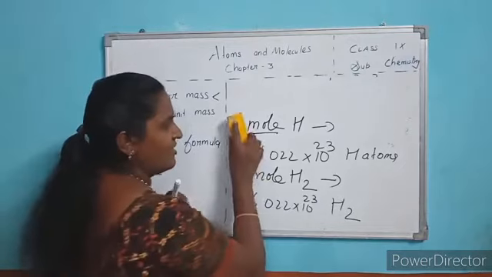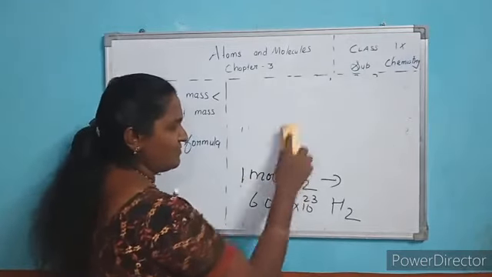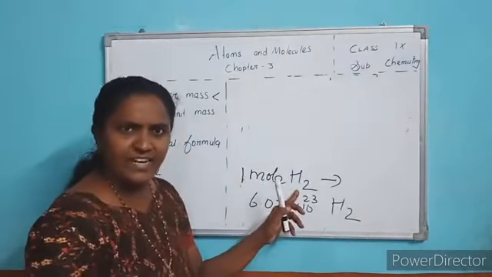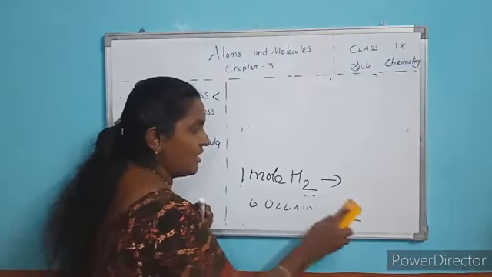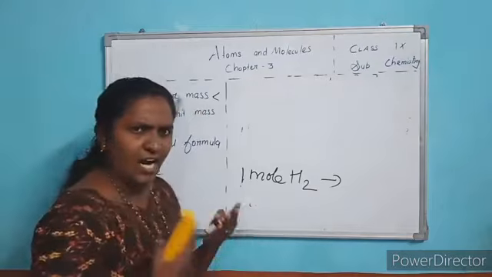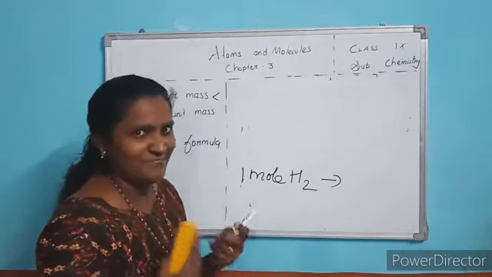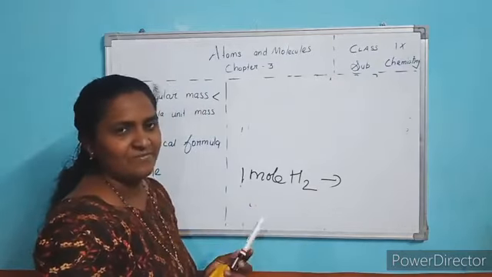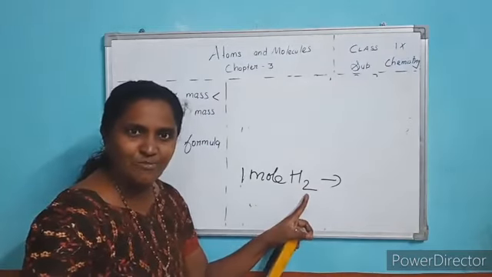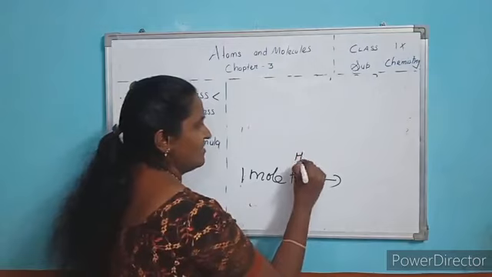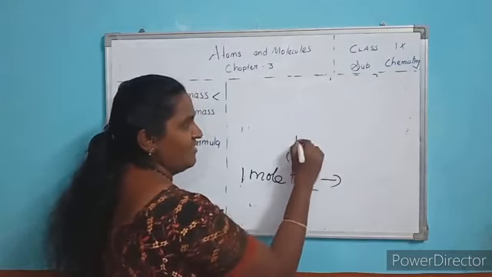Clear? And one logic question I will ask you. 1 mole of hydrogen molecule contains how many hydrogen molecules? This is 1 hydrogen molecule, this is 1.